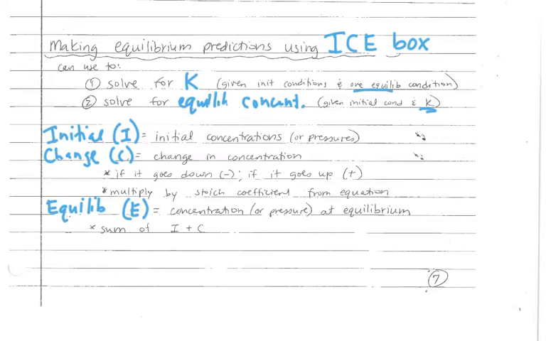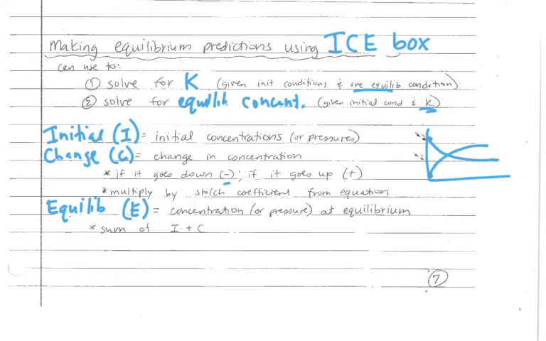So the change: in a forward reaction, the amount of the reactants goes down and the amount of the products goes up. If it's going down, it would have a negative sign, and the change would be negative.